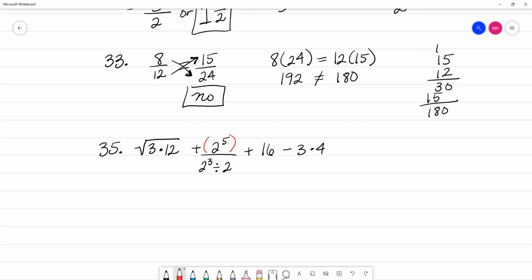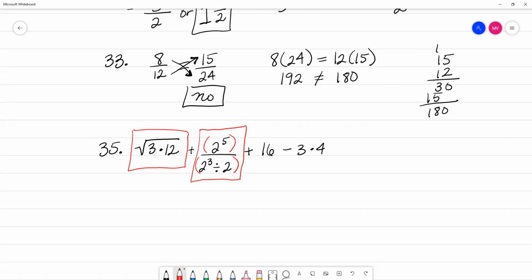Remember, these count as parentheses. You can kind of do them simultaneously, but you need to treat this like its own expression. Anything other than addition and subtraction is going to be done first, and addition and subtraction last. So you can do that independently of anything else, and then you can do this independently of anything else.